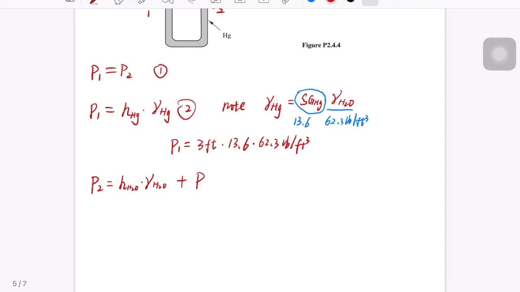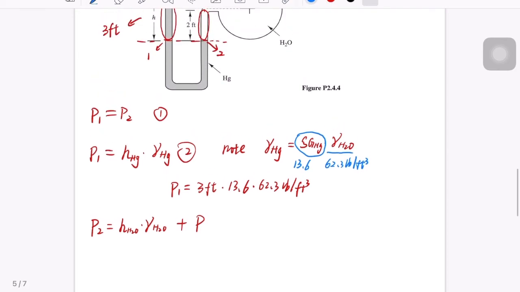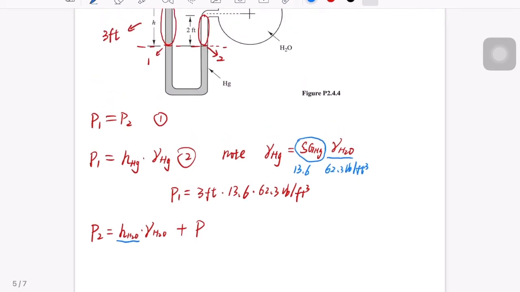We know that the height of the water above point 2 is 2 feet, and the specific weight of the water is 62.3 pounds per cubic foot.